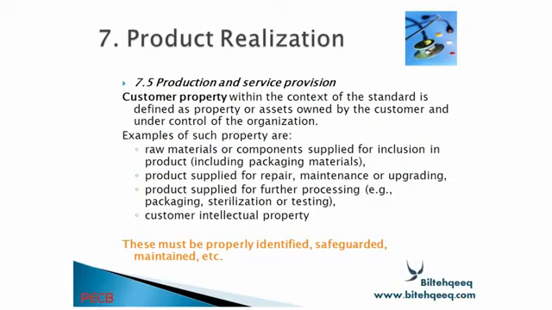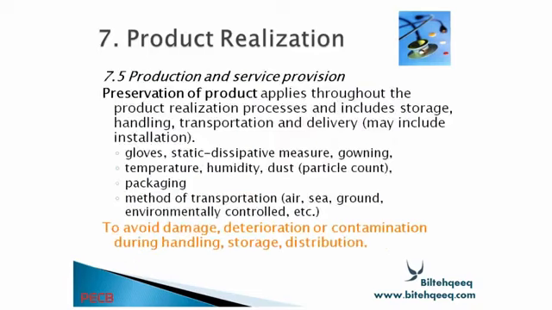Examples of such property are raw material or components supplied for ingredients in the product, including packing material, products supplied for repair, maintenance, or upgrading, products supplied for further processing, packing, sterilization, or testing, and customer intellectual property. These must be properly identified, safeguarded, and maintained. So you have to properly identify the customer-supplied products, protect them, and maintain records of such customer property.